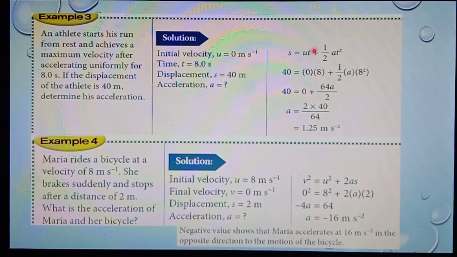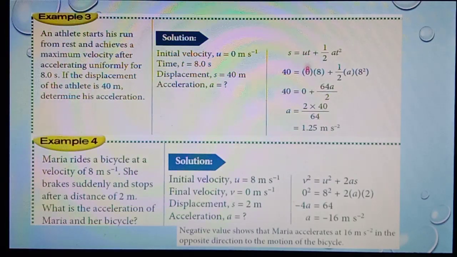We don't have v. So this is the equation that's suitable to be used. So you substitute s for 40, u 0, t 8, half a 8 squared. We just mathematically solve it. So we get a equals 1.25 meter second to the power negative 2.